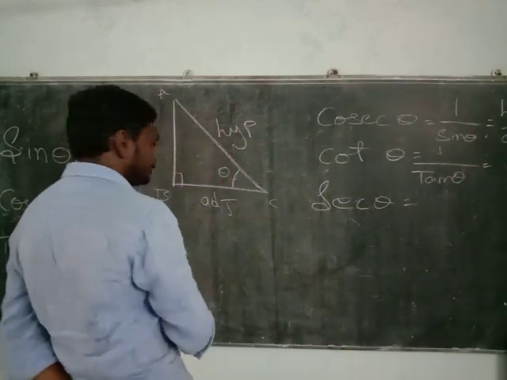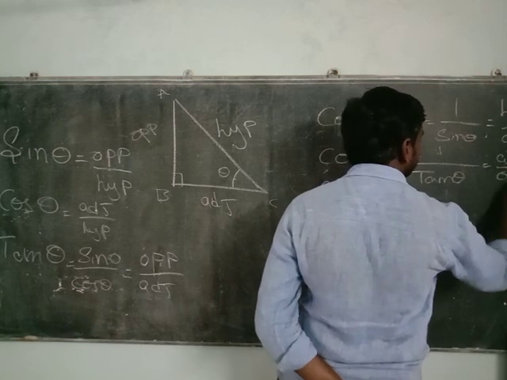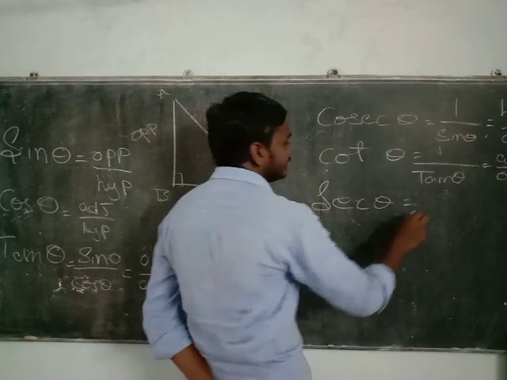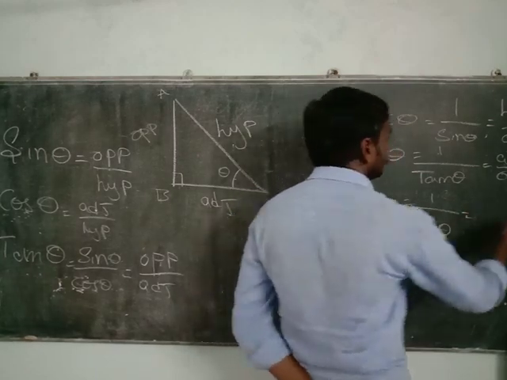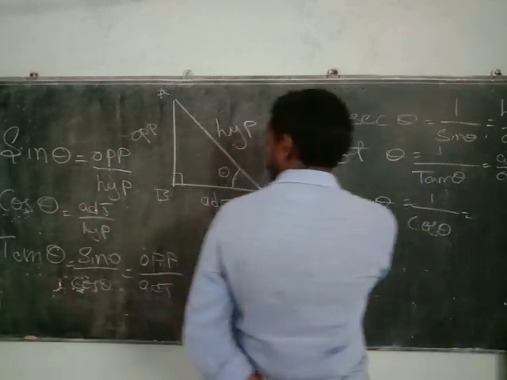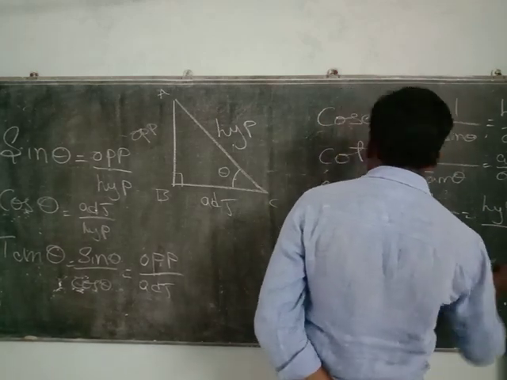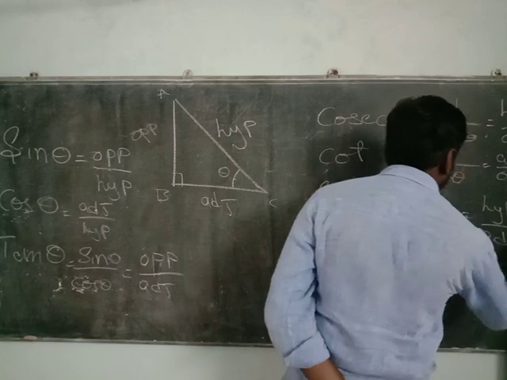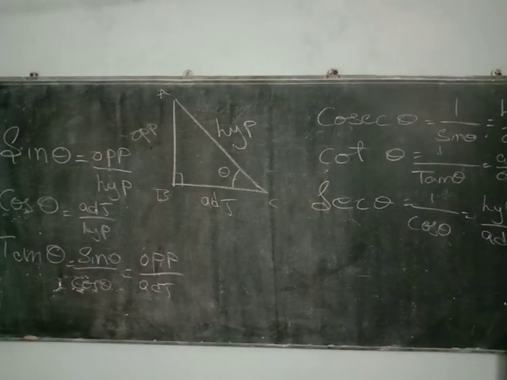Tan theta means opposite by adjacent, so cot theta is adjacent by opposite. Secant theta is 1 by cos theta, that is the reciprocal of cos theta, that is hypotenuse by adjacent. So these are the important trigonometric values that we have to remember.